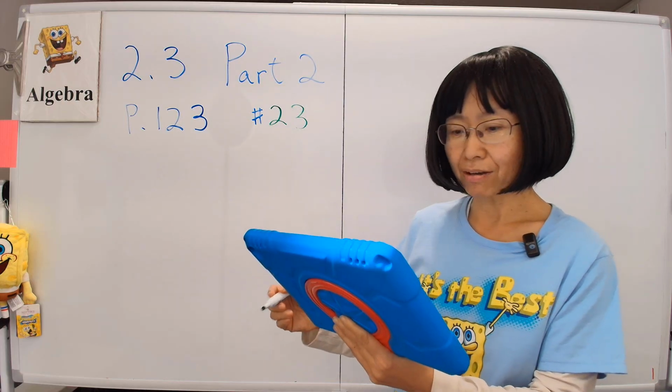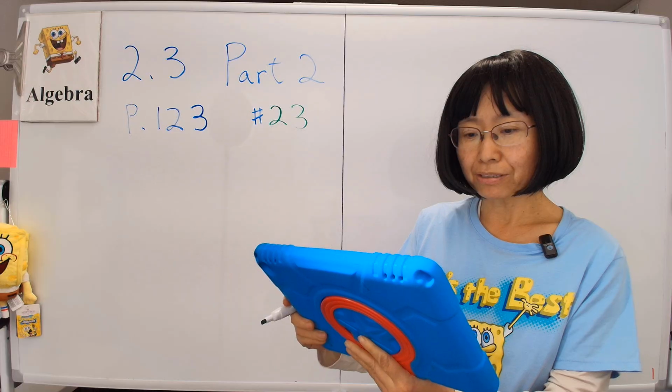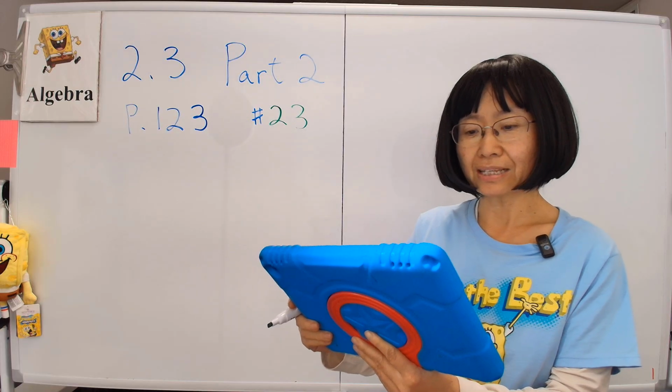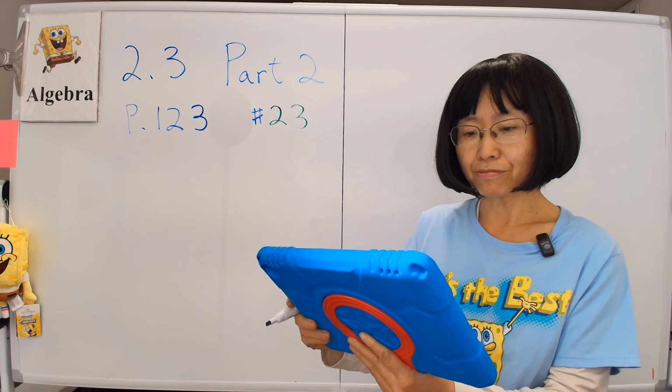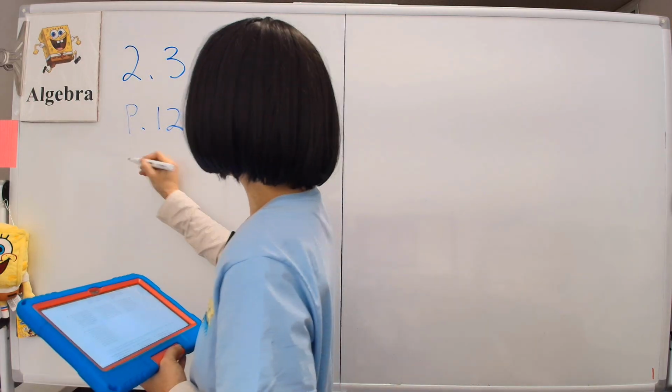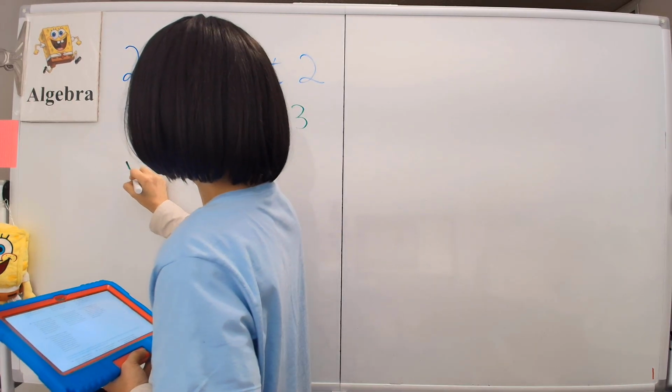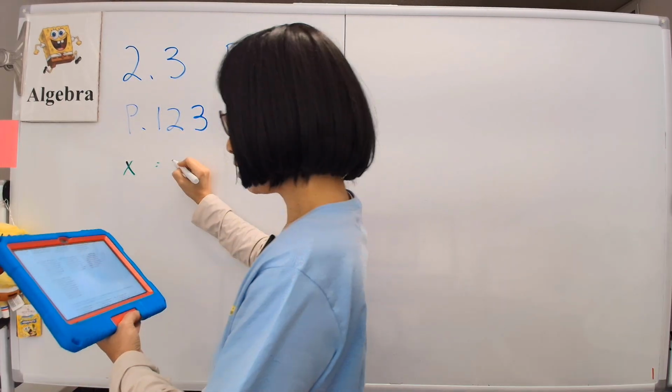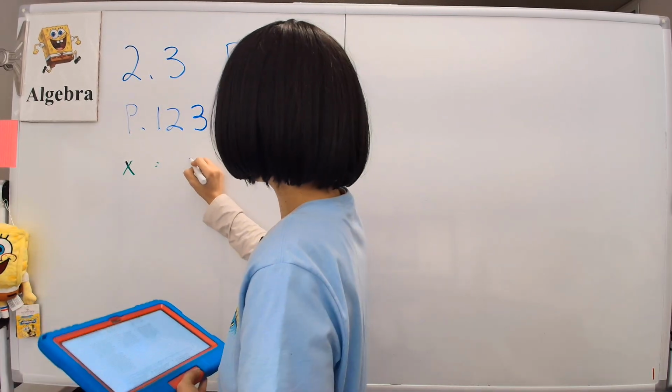Now, let's figure that out. We don't know how much he should invest at 8% or 12%, so let's do that. Let's say he invests X amount of money, okay? X amount of money on, say, what was the first number? 8%.